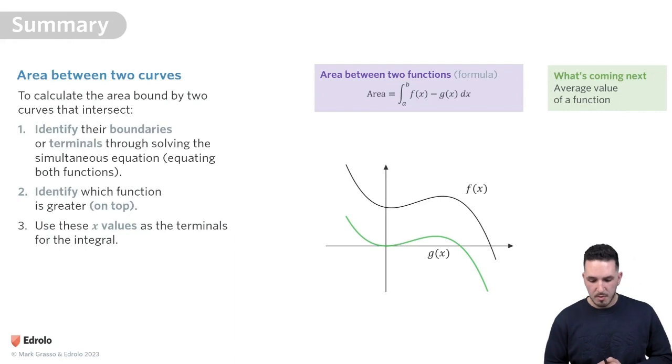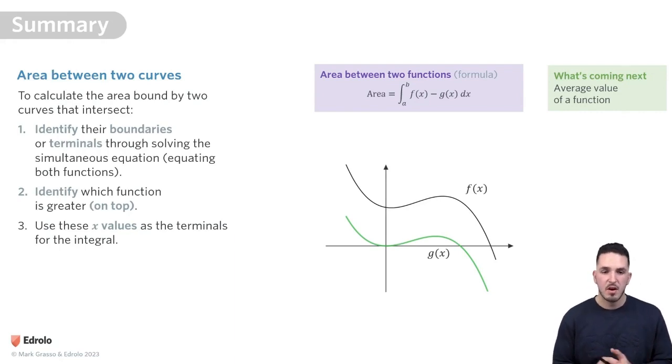So in summary, when we're looking for the area between two curves, we can first identify their boundaries or terminals through solving the simultaneous equation, so equating both functions, finding their point of intersection, identify which function is greater, i.e. on top, and then using the x values as the terminals for the integral and evaluate.